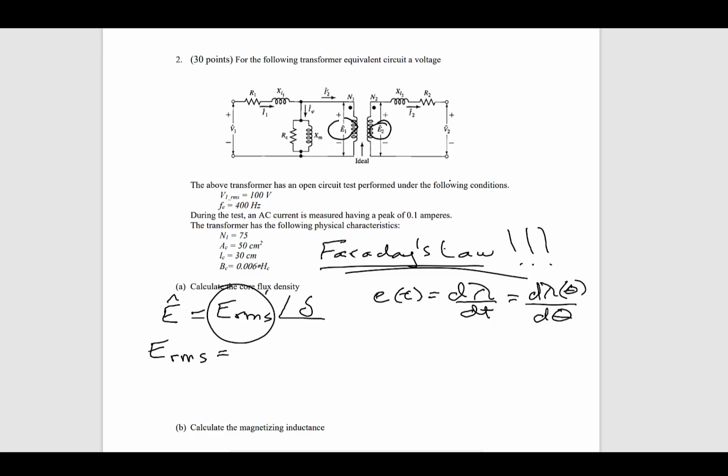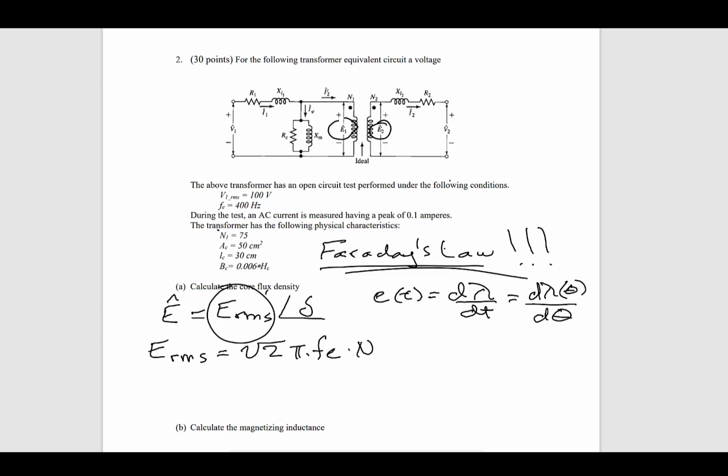So we were able to derive an expression for this voltage that relates to the flux density. And it's square root of 2 pi times the electrical frequency times the number of turns. So whatever number of turns you happen to have.